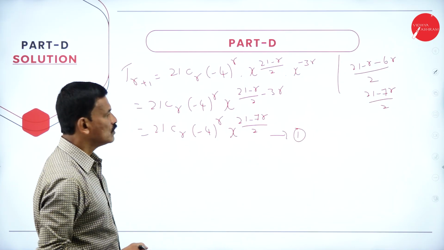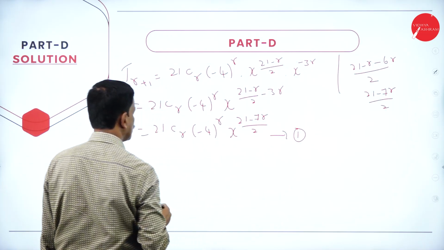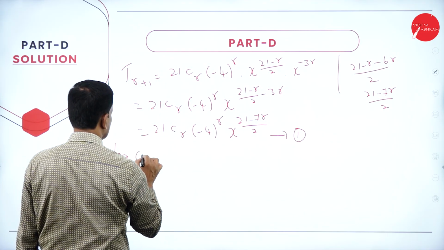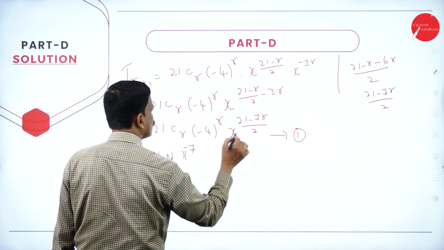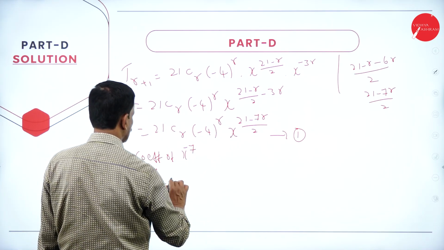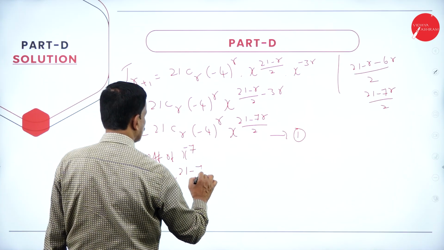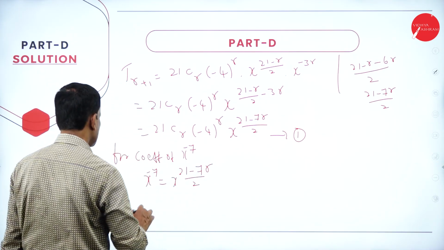Okay. Now, what is to be found? Coefficient of x to the power of minus 7. Equate this: x raised to minus 7 is equal to x to the power of 21 minus 7r divided by 2. Whenever bases are the same, you can equate the powers.